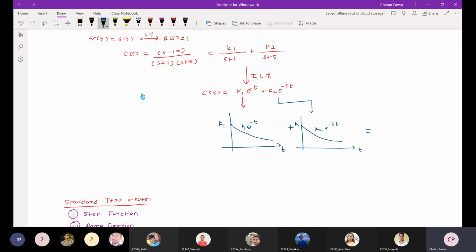So what will be the resultant signal? This is the output, right?